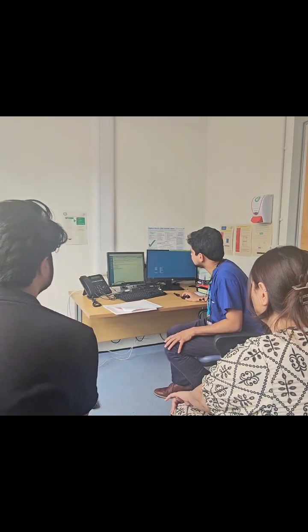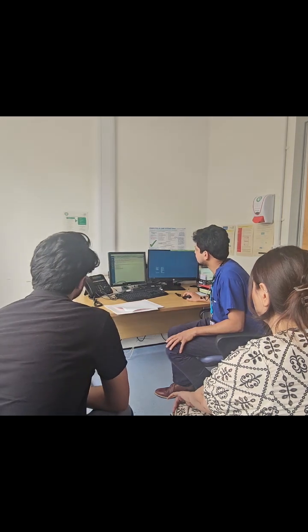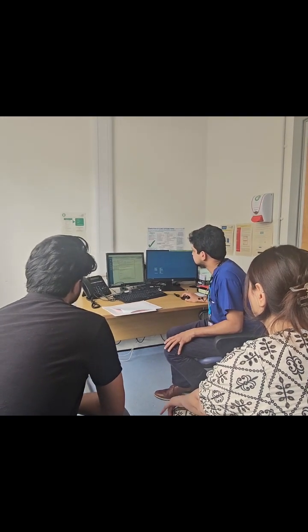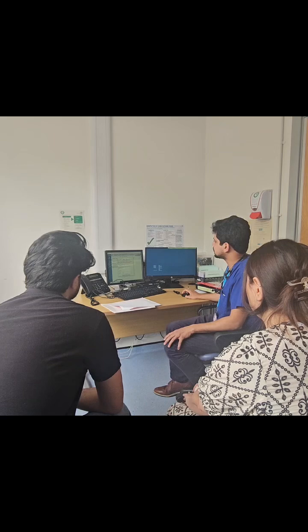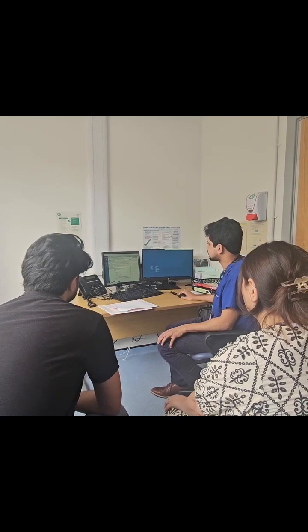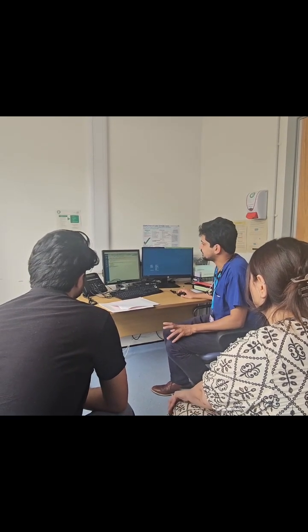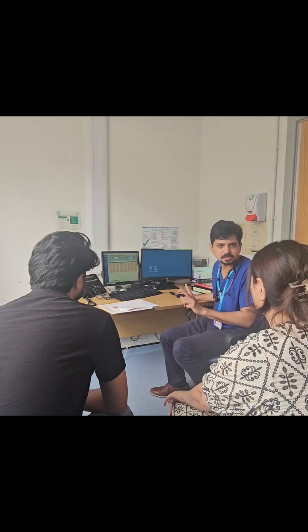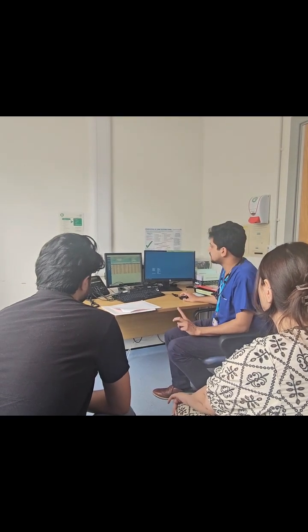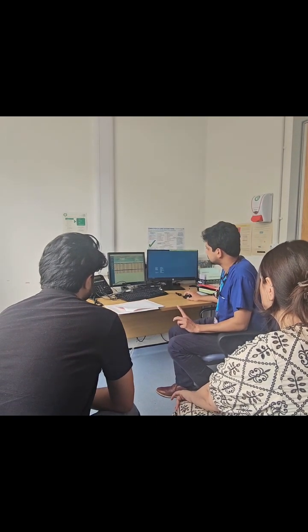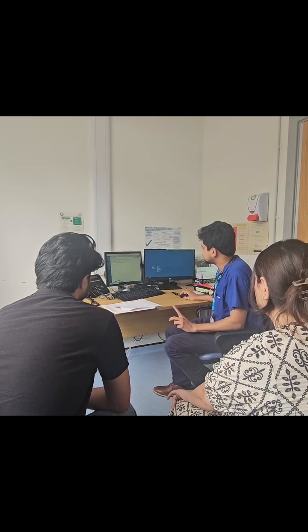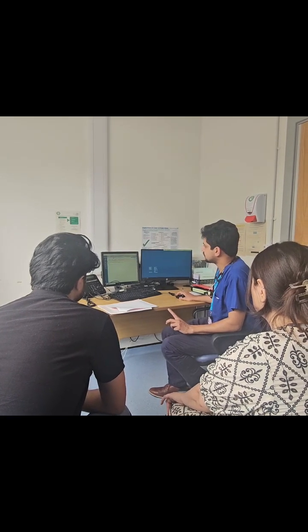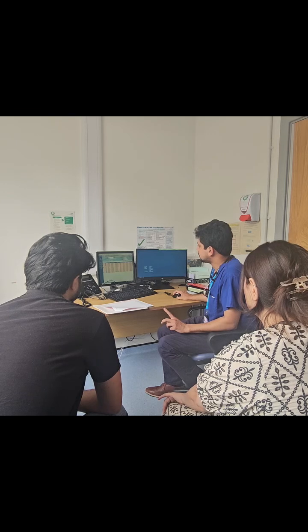It's slightly on the lower side, it's not in the raised range. We have not had the lupus anticoagulant levels, which we can test again. But given that the other two antibodies are normal, this is less likely to be the condition we suspected. And serum urate levels are also normal.